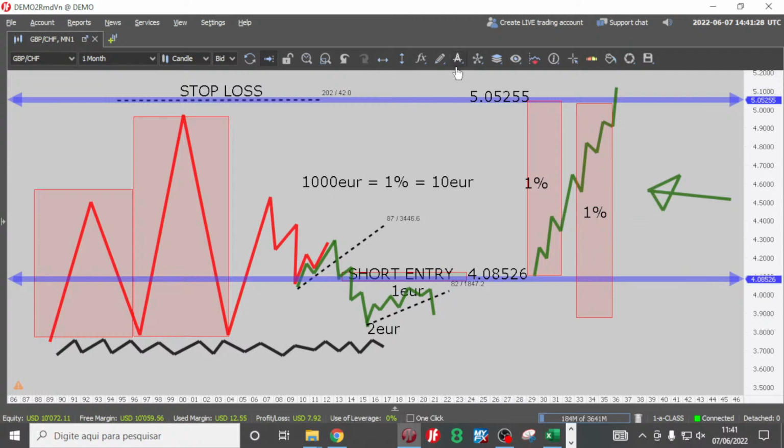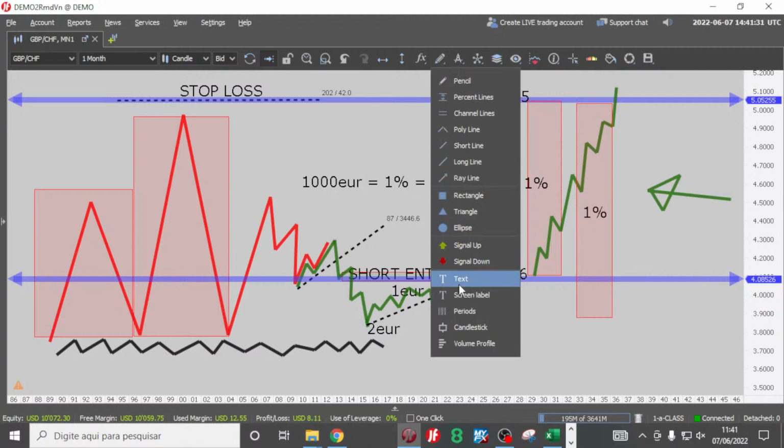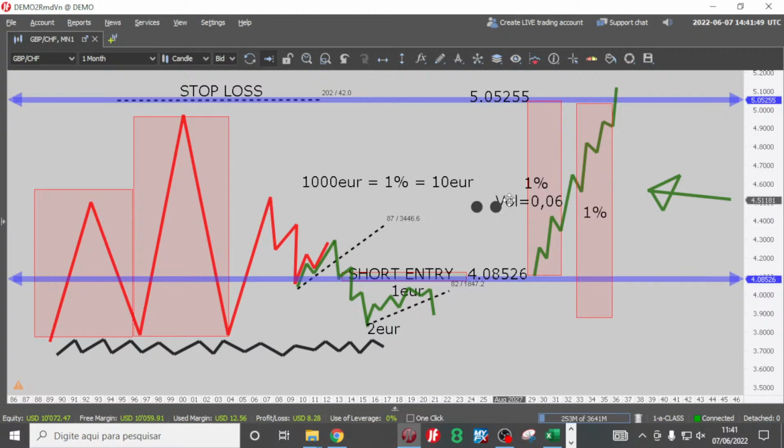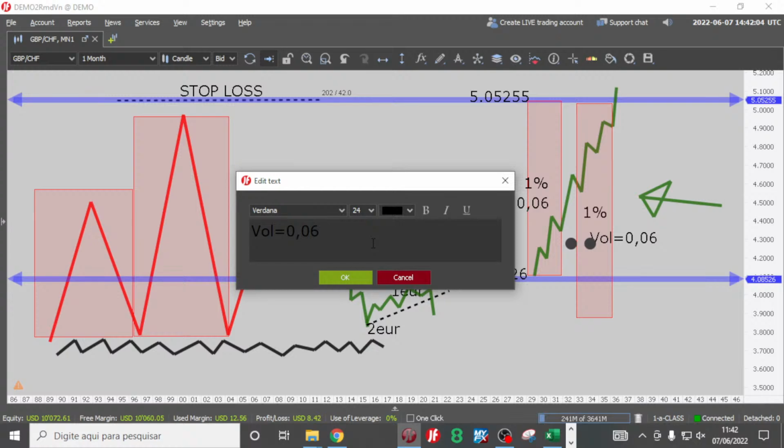Okay? Now, we are not going to waste time, everybody. What does this mean? This means that if you entered with the volume or lots 0.06, just an example, here you entered with the lots with 0.06. Now here you are going to still risk the same 1%, but you are going to enter not with the same, of course not, because you are risking more in pips terms, but you are going to enter with 0.04.